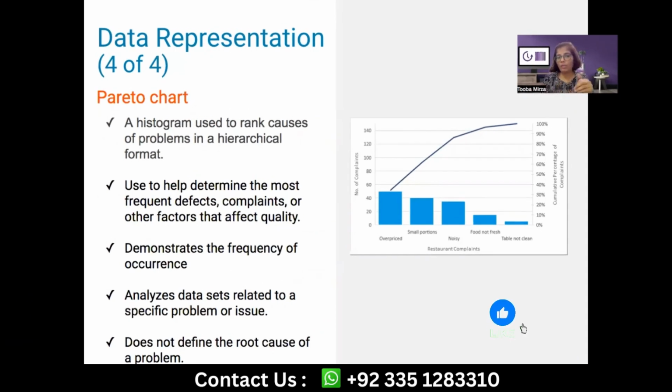A common question is whether this chart is related to the Pareto principle, the 80-20 principle. Kind of. The Pareto principle, or the 80-20 rule, says that 20% of your actions result in 80% of the results.